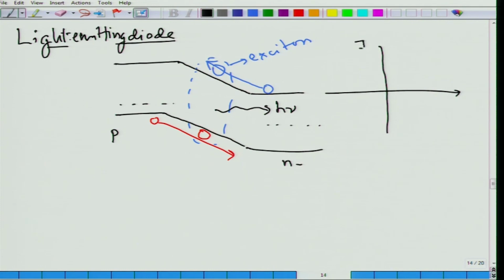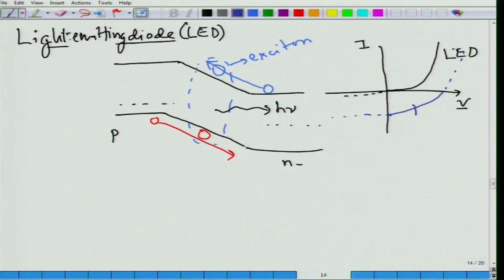If I take a diode whose IV characteristics we have just looked at, then light emitting diodes work here, these are LEDs. And for the purpose of the solar cell, it works in the third quadrant, fourth quadrant.